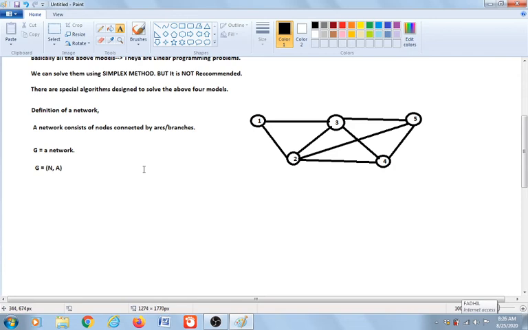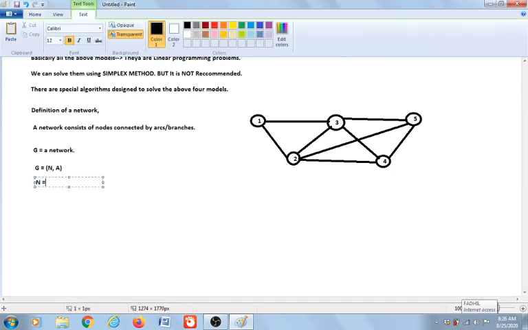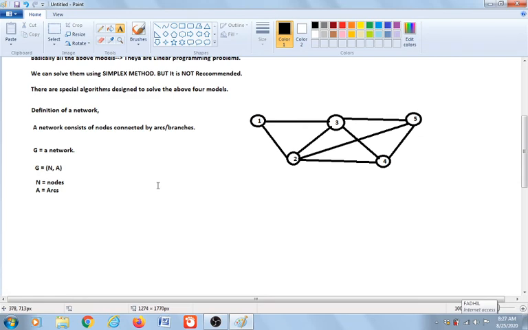So we write it as G equals, in parentheses, capital N, comma, A. Before I go to the example, N is for the nodes, and A is for the arcs.